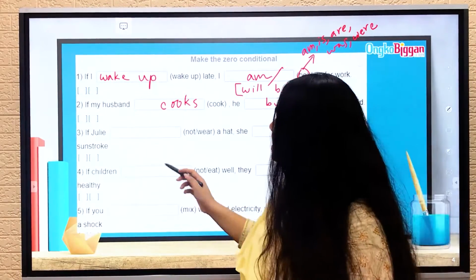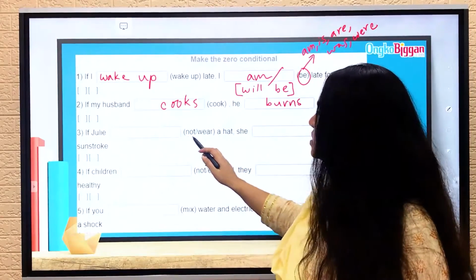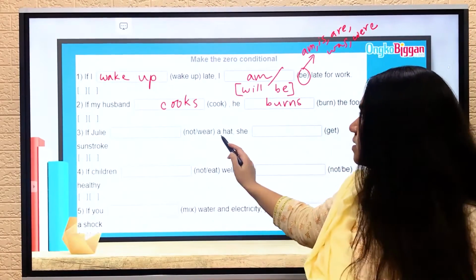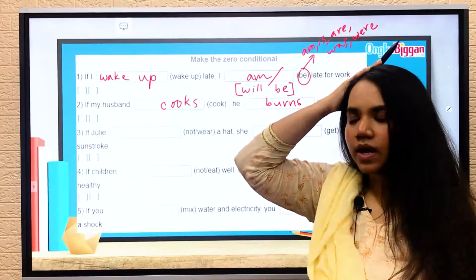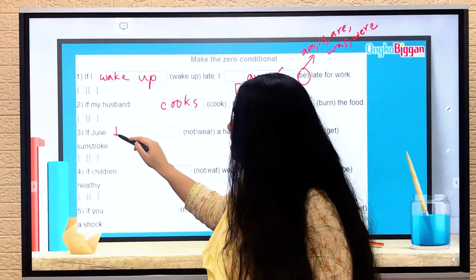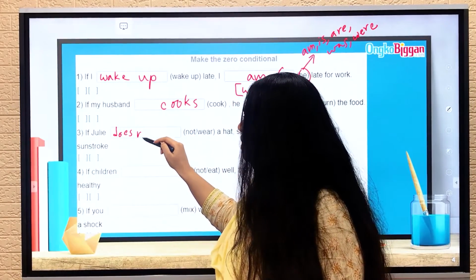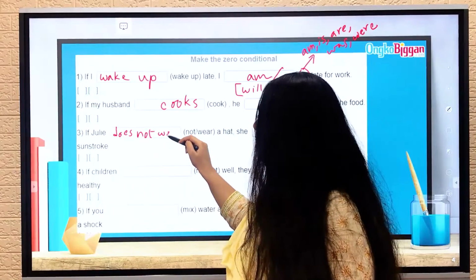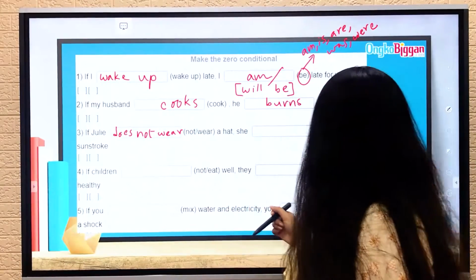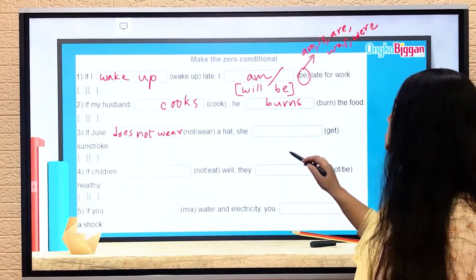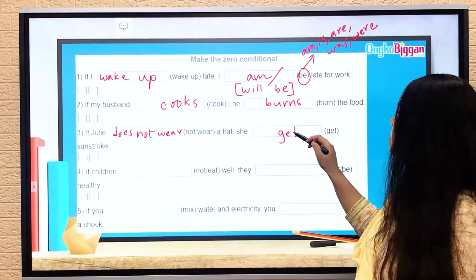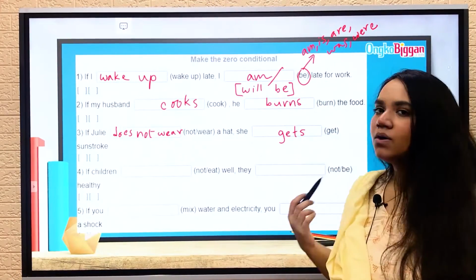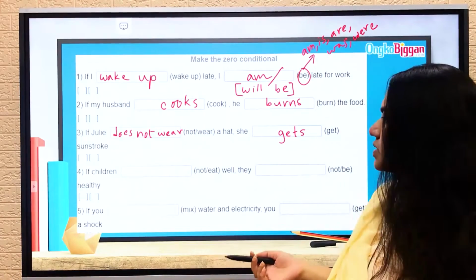Then, if Julie dash a hat. So you're trying to say that if Julie does not wear a hat, she dash gets sunstroke. So I'll say she gets sunstroke because this is something that always happens no matter what the occasion is.